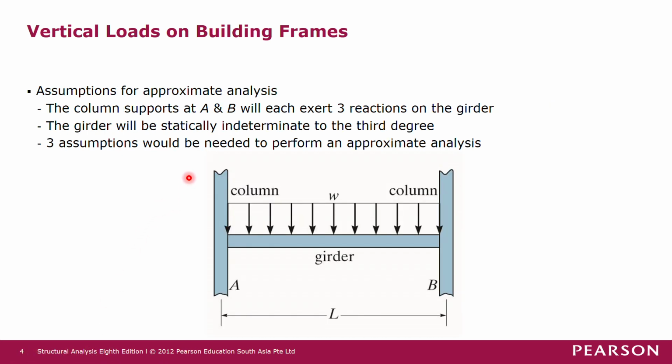Let's look at this particular girder that is connected to two columns like this with uniform load. The column supports at A and B will each exert 3 reactions on the girder.